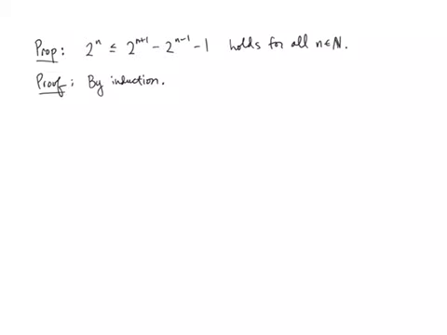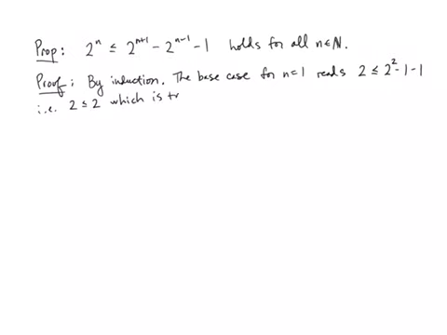So the base case for n equals 1 reads 2 is less than or equal to 2 squared minus 1 minus 1, i.e. 2 is less than or equal to 2, which is true. Okay, so that establishes the base case.